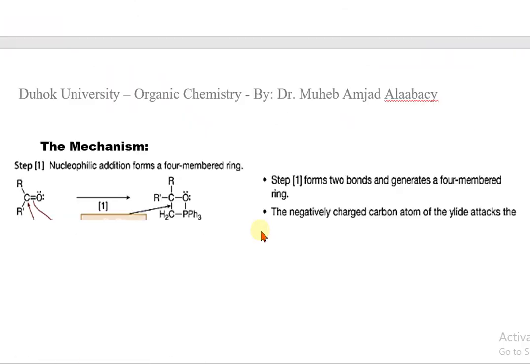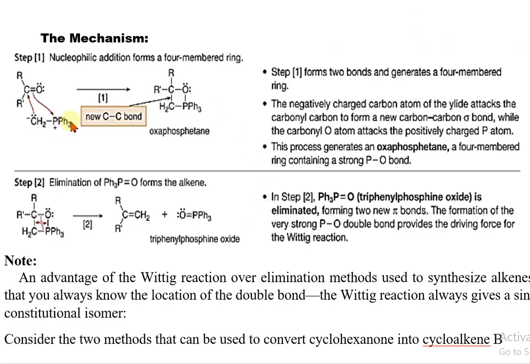Secondly, this Wittig reagent reacts with the aldehyde or ketone. The mechanism is nucleophilic addition through a 4-membered ring, giving a 4-membered ring intermediate. This intermediate then undergoes an elimination reaction to produce the alkene and triphenylphosphine oxide as a side product.